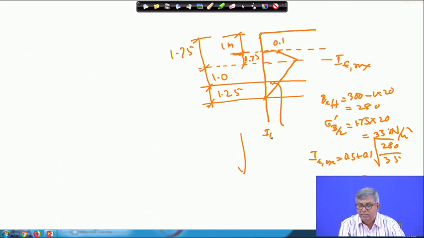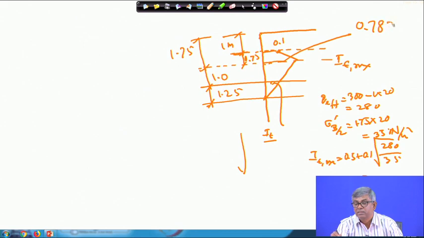So, I epsilon divided by 0.783, this value is 0.783, will be equal to 1.25 divided by the entire height, that is 2.25.